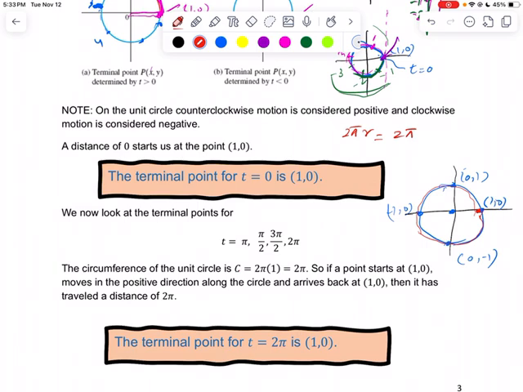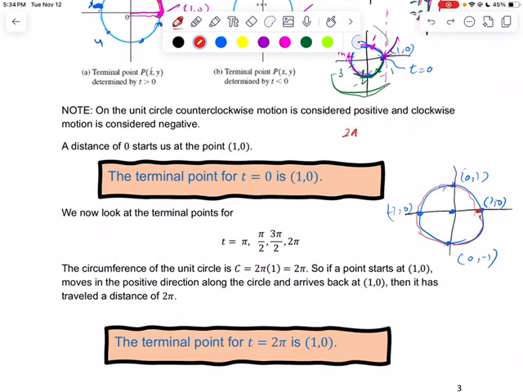Okay? Because in order to travel a distance of 2 pi, you have to start here and then you come back to this point. Now what about half the distance? So if I travel half the distance, then I have traveled pi, right?